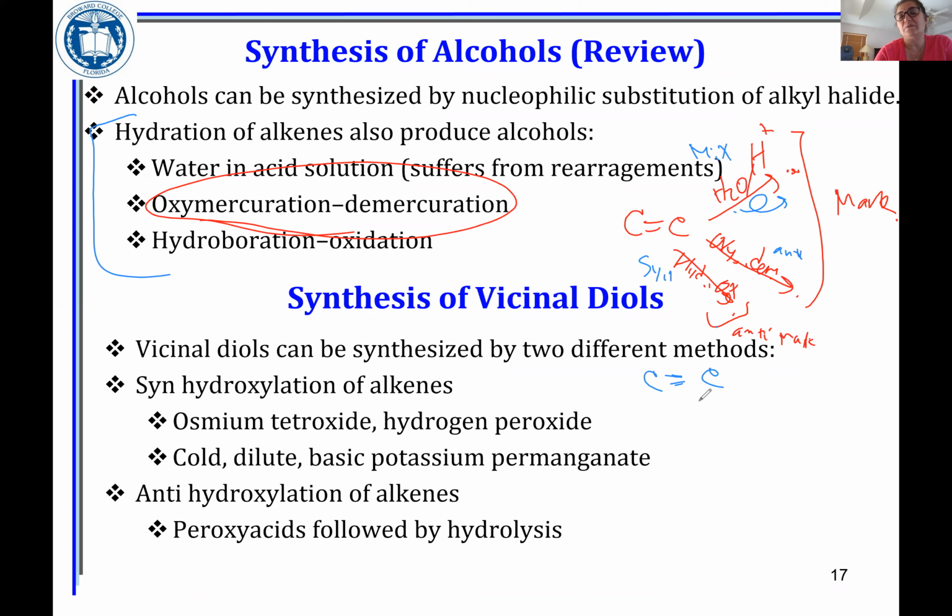If you use cold permanganate, you would also change that to a diol. So from this, you can get the diol as well. For osmium tetroxide, OsO4, you would get syn addition.